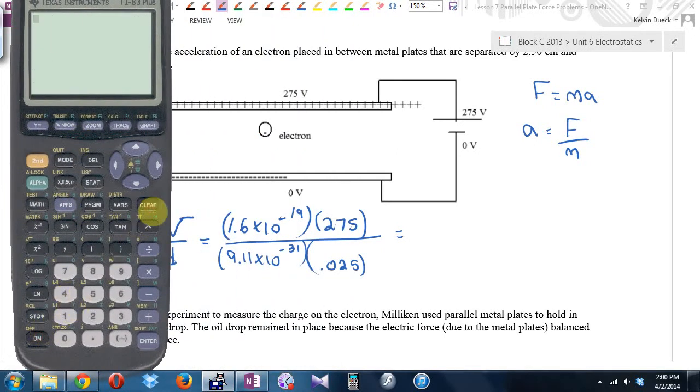We're going to get a huge acceleration. I get 1.21 times 10 to the 12th.